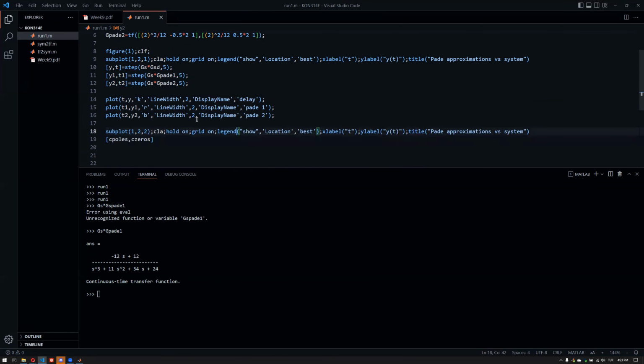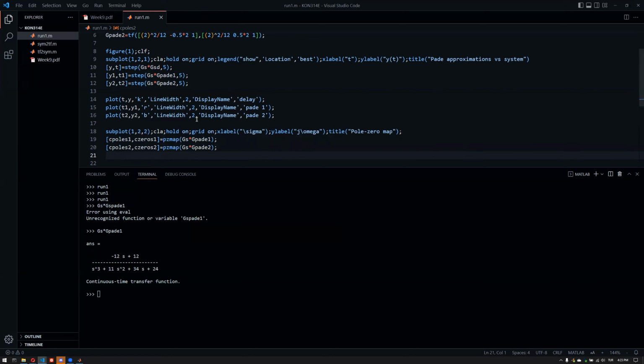Zeros. We don't need legends anymore. Pole zero map. There we go. And then we have the PZ map of G(s) times G Padé 1. So this is 1, this is 1, this is 2, this is going to be 2.